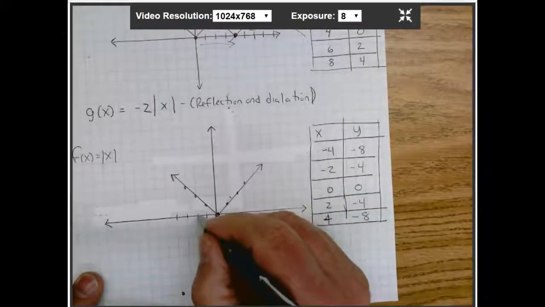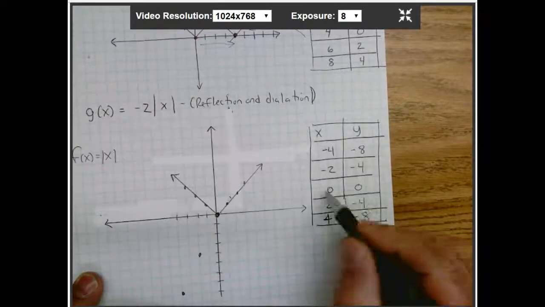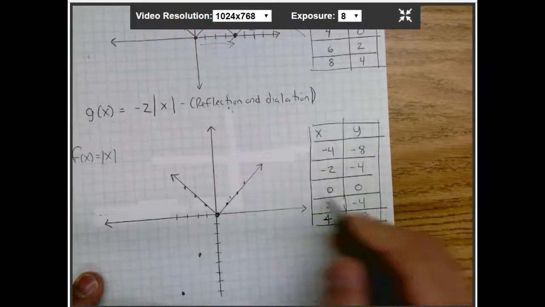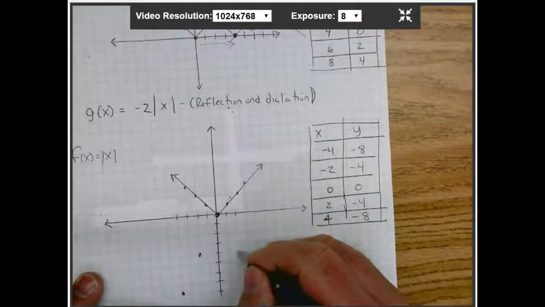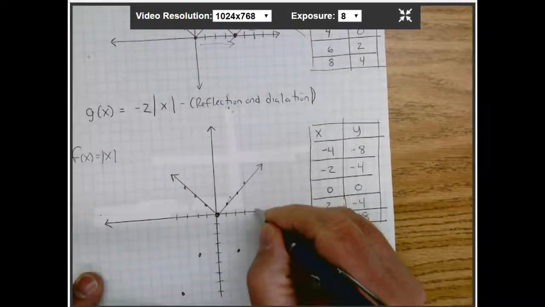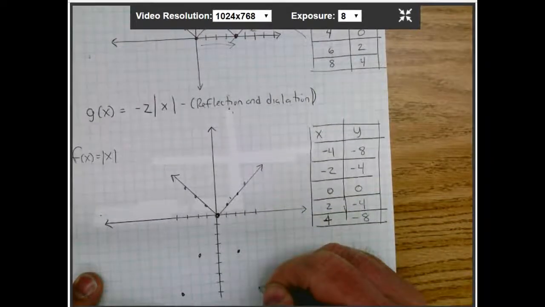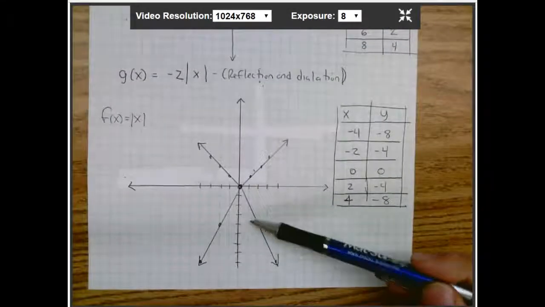So 1, 2, 1, 2, 3, 4. And then we have 0, 0. That looks good. And then we have 2, and -4. It's going to take us down to right about there. And then 4, -8. It's going to take us down to about right there. And then we just connect these with lines, and you get this new graph right here.